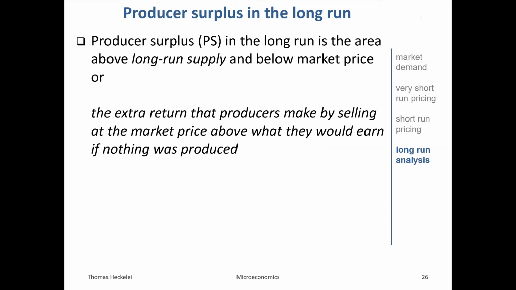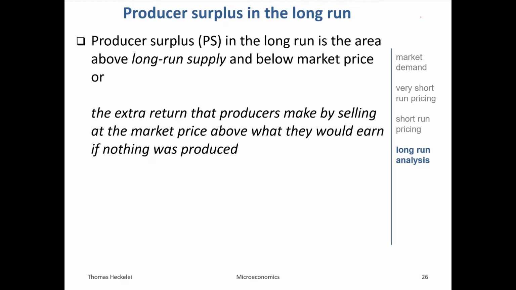My first thought the first time I saw this was, hey, that's just replacing the short run supply by the long run supply. What's the difference then? We talk about zero profit, zero fixed cost. Then what's the difference now?